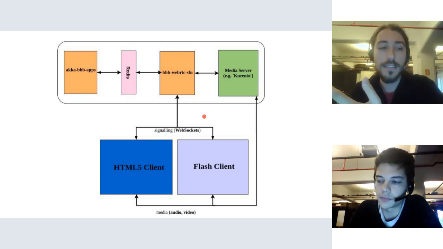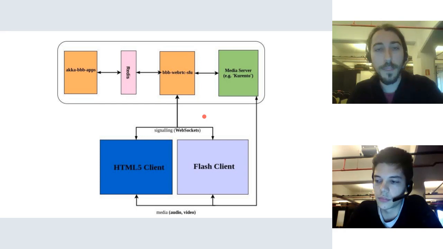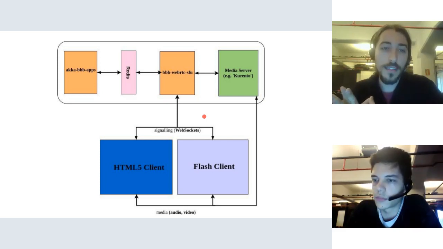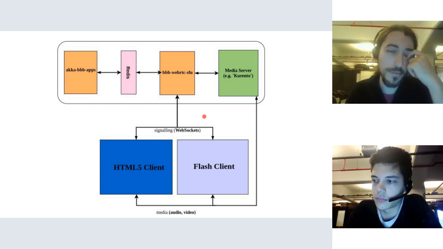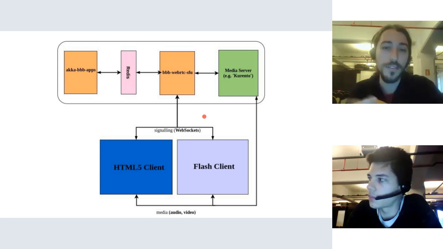It deals with the media server, which in this case is Kurento, but we're implementing it in a way in which we could swap this for Jitsi or something else if we need to. This component will also read and write to Redis, which then will be the gateway to interact with the rest of the BBB components.